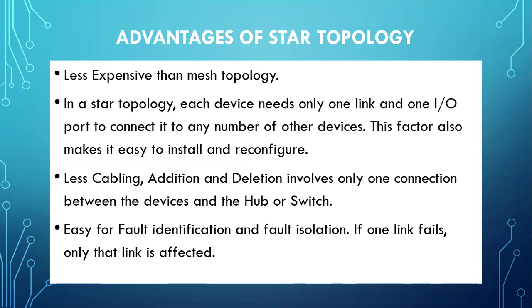There is less cabling, and addition and deletion involve only one connection between the device and the hub or switch. The last one is that it is easy for fault identification and fault isolation, like the mesh topology. If one link fails, only that link is affected, so other links keep on working.